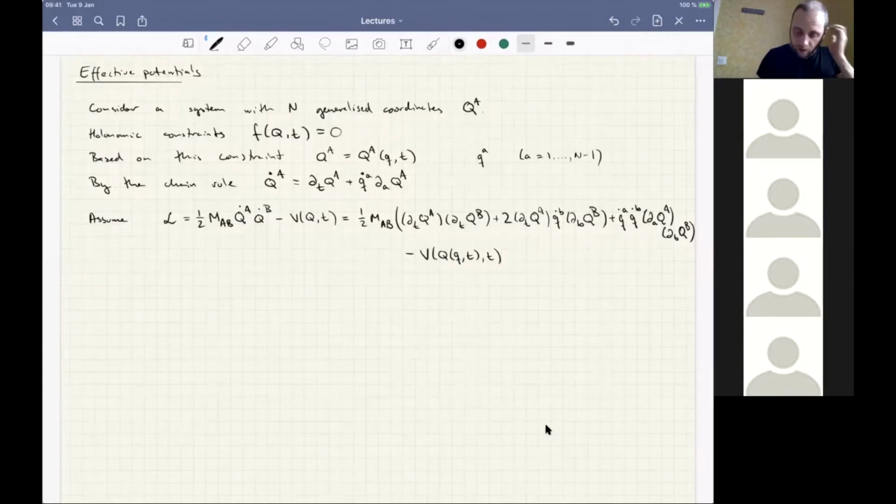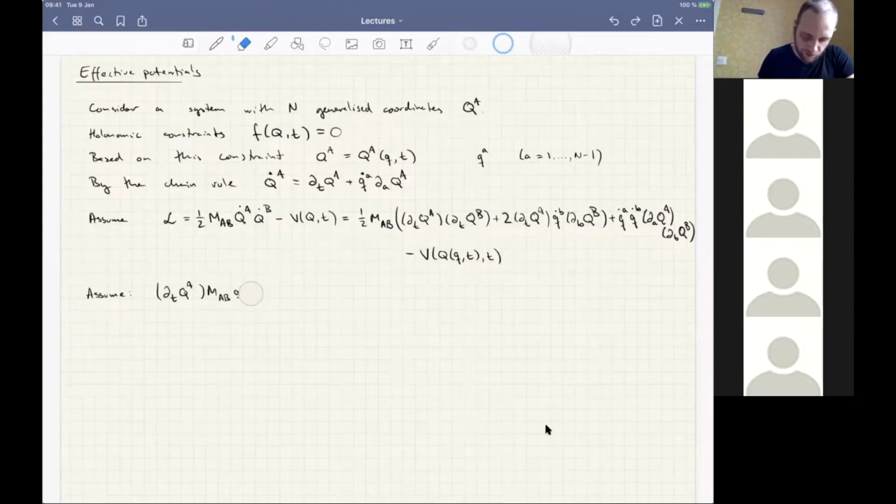So now we make a further assumption: if we have these time derivatives of Q^A, M_AB, and then we take the derivative of Q^B with respect to q^b, and this is equal to 0, then this middle term is going to give us a 0 as well.